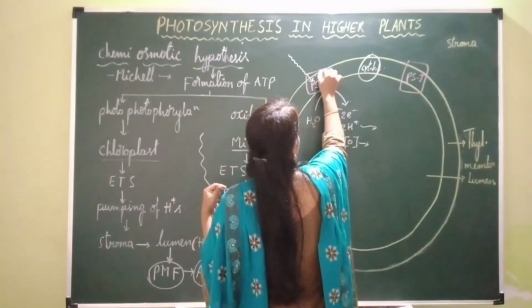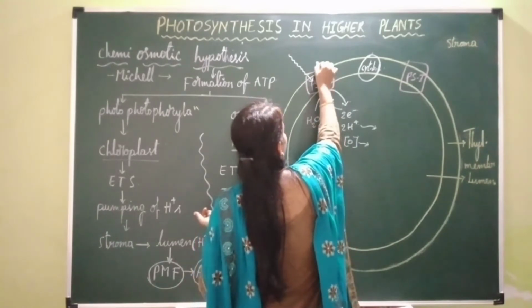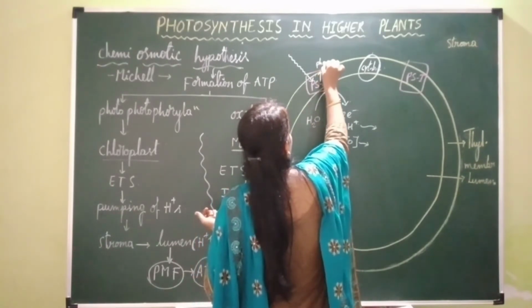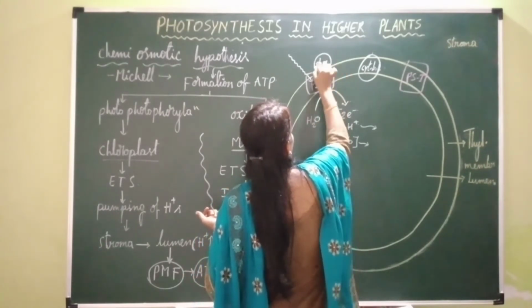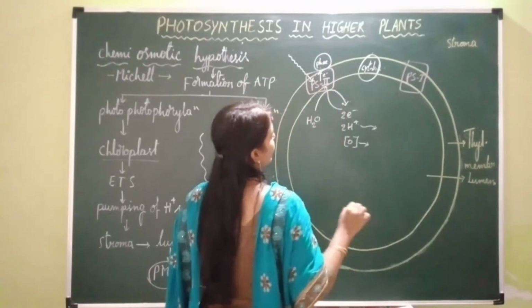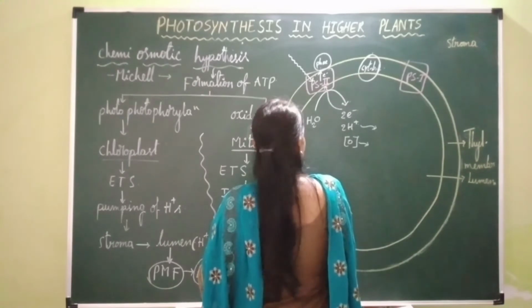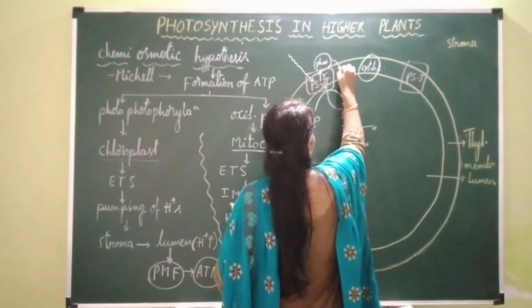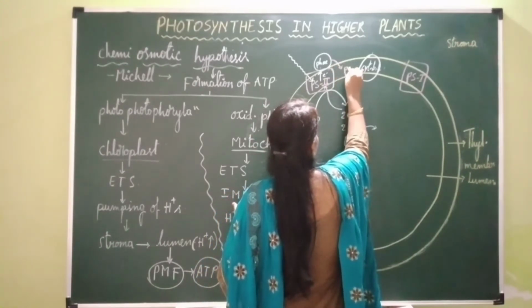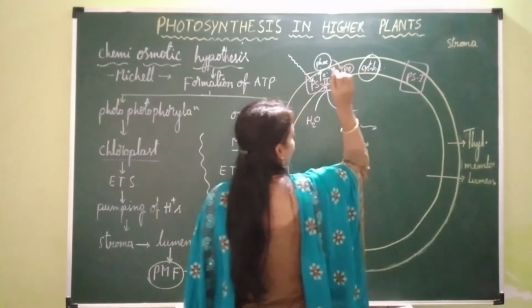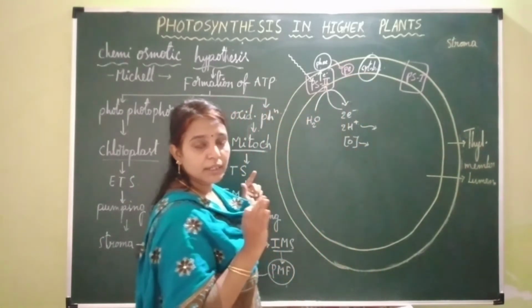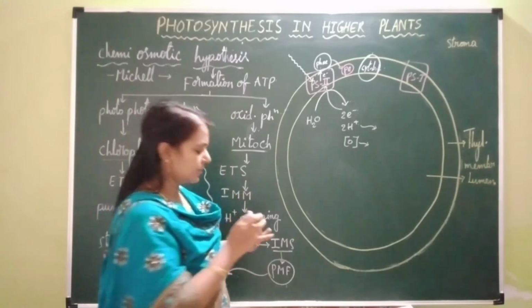First, electrons are passed on to pheophytin, which is attached to the outer side of the thylakoid membrane. From pheophytin, electrons are transferred to PQ. PQ is a proton carrier which is present towards the inner side of the thylakoid membrane. It is originally a proton carrier, not an electron carrier.